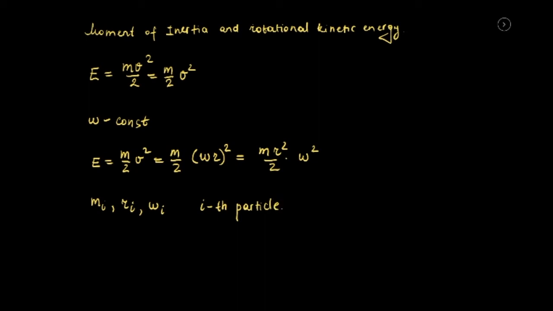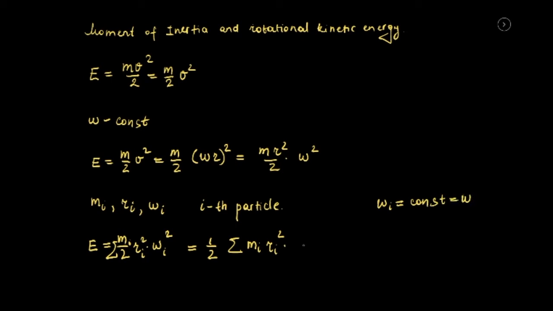So the total energy would be equal to m divided by 2 r squared multiplied by omega squared, right? So I have to put the index i here and sum them. And we will get 1 divided by 2 summation mi ri squared multiplied by omega i, and omega i is constant for each particle, so let's denote it as omega.